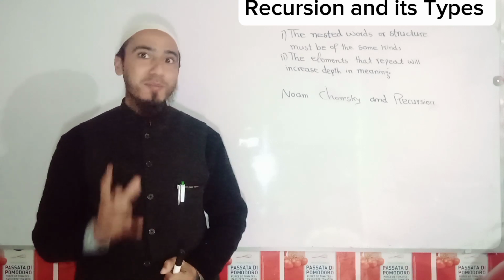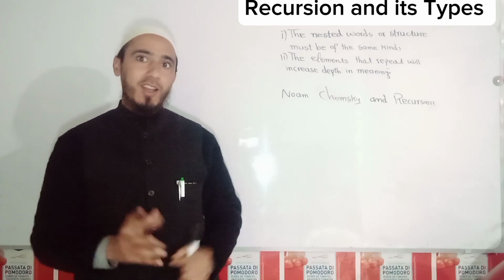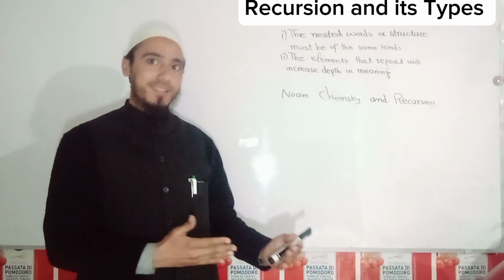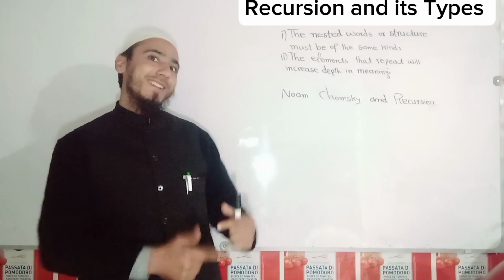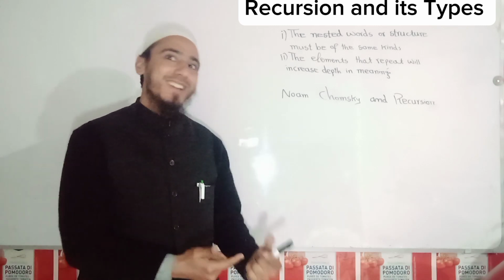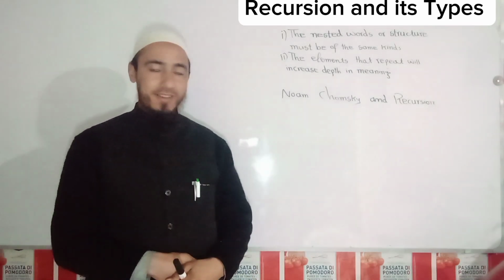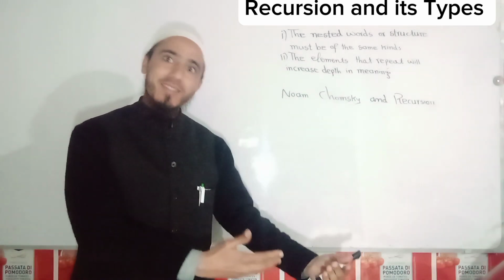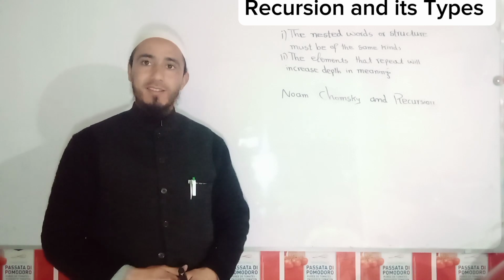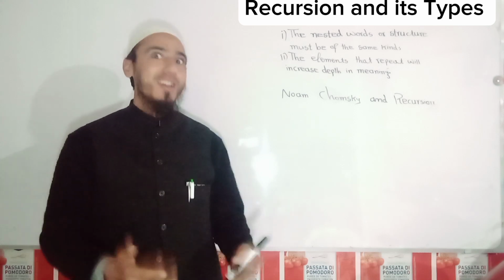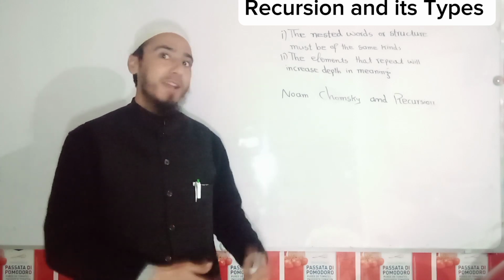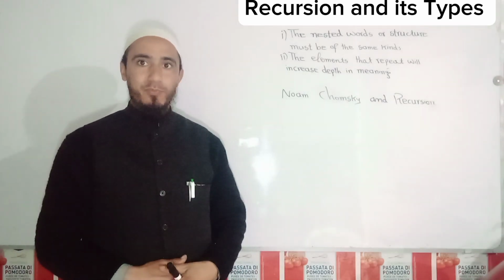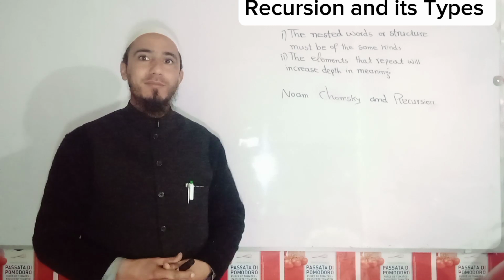It means that one sentence can be nested within another sentence. One phrase can be nested within another phrase. Similarly, one adjective can be nested inside another adjective, and so on.